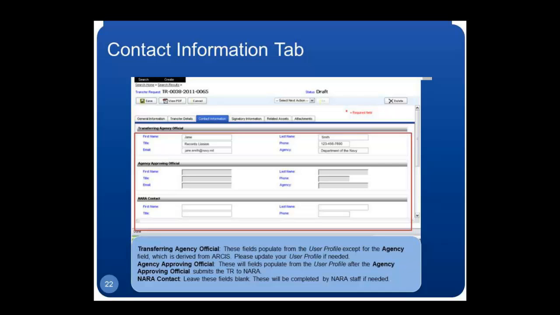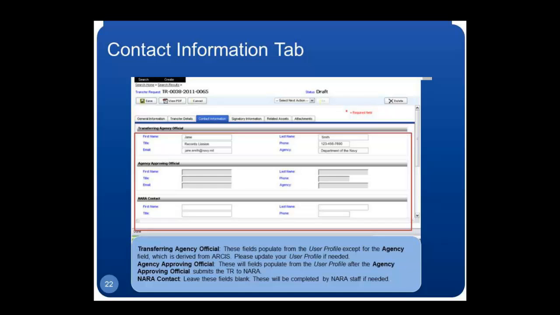This is why we're asking you, if you are not the transferring official for this particular transfer request, please don't go in and sort of putter around in these things and then save them, because your information will basically be in the way of the information autofilling for the transferring official ERA user.